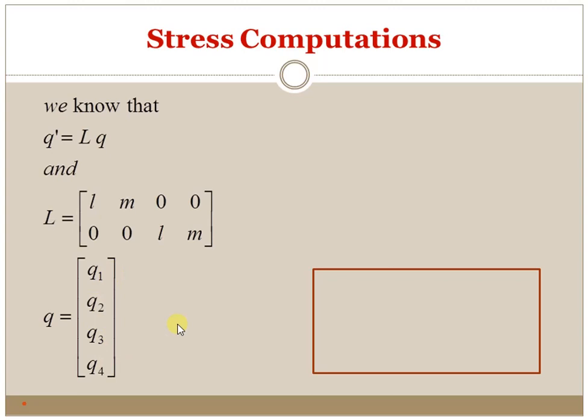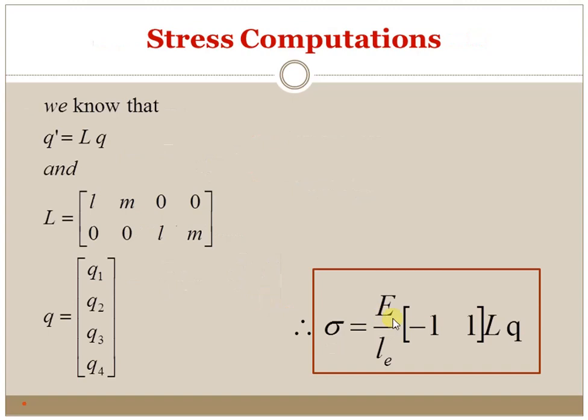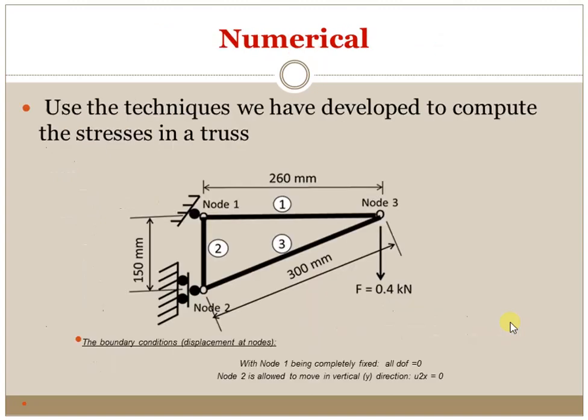If you rewrite all these things in sigma, you will finally get sigma equals E by L_e times [-1 1] times L into Q. So E is Young's modulus of the truss element, L_e is the length of the bar element, L is the transformation matrix, and Q is the deformations in the global coordinate system.